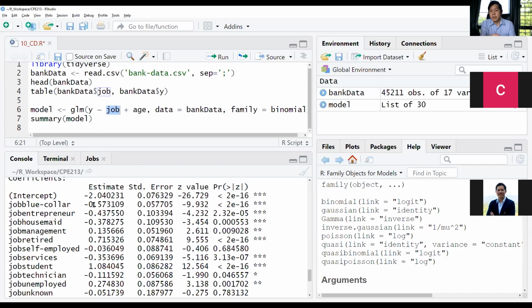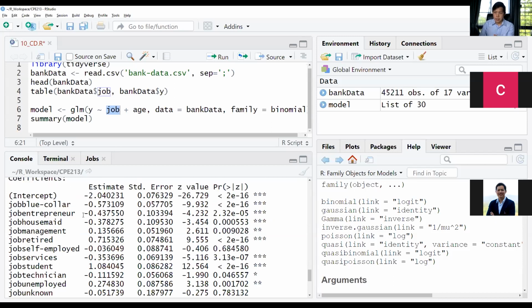To interpret this: if the estimate, the coefficient, is positive, that means the level is positively associated with the customer accepting the offer. On the other hand, if the values are negative, that means the job level is associated with not accepting the offer.